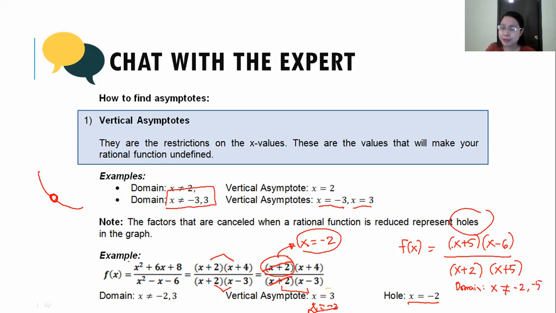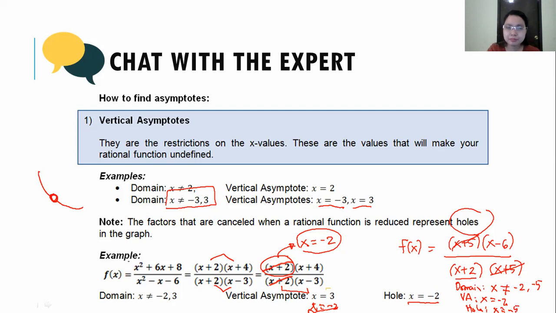But x plus 5 here is a common factor, so we cancel it out. Therefore, your vertical asymptote is only the other one, x equals -2. What happens to -5? It is called our hole, x equals -5.